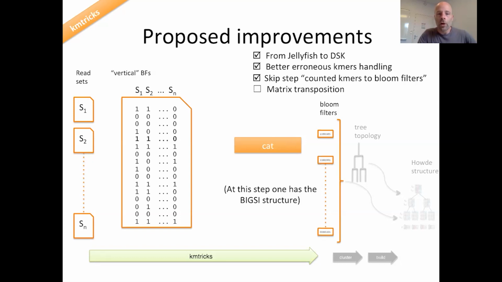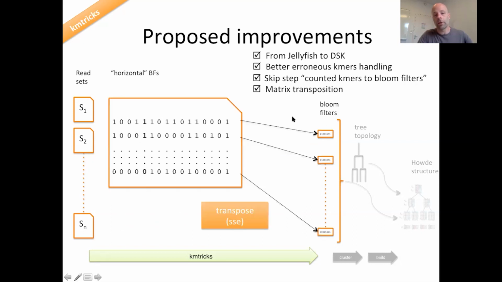But we still have one step beyond to plug our kmtricks to our HSBT. Once we have done this, each Bloom filter is available in one column, and what we need here is one row per Bloom filter, so we need to transpose the matrix.